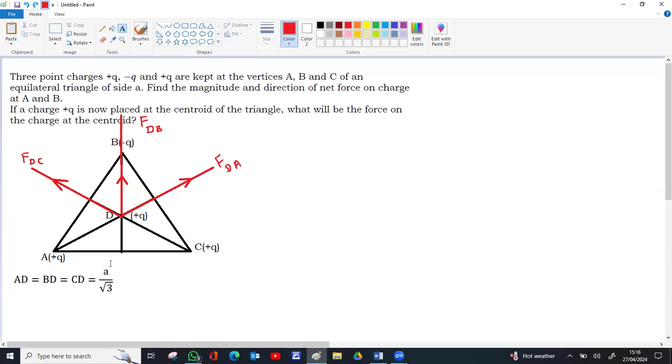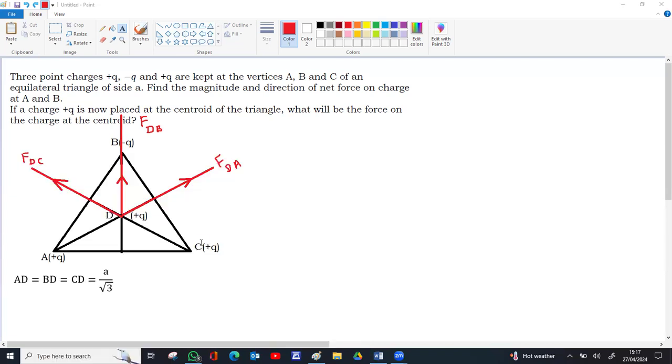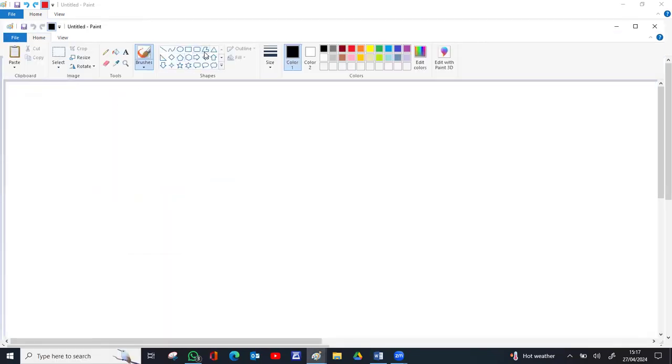For a triangle, the distance from any one vertex to the centroid will be side divided by root 3. That's a value to be learned by heart. If not, you can learn how to find that distance also: how we find the distance of any one vertex to the centroid for a triangle.